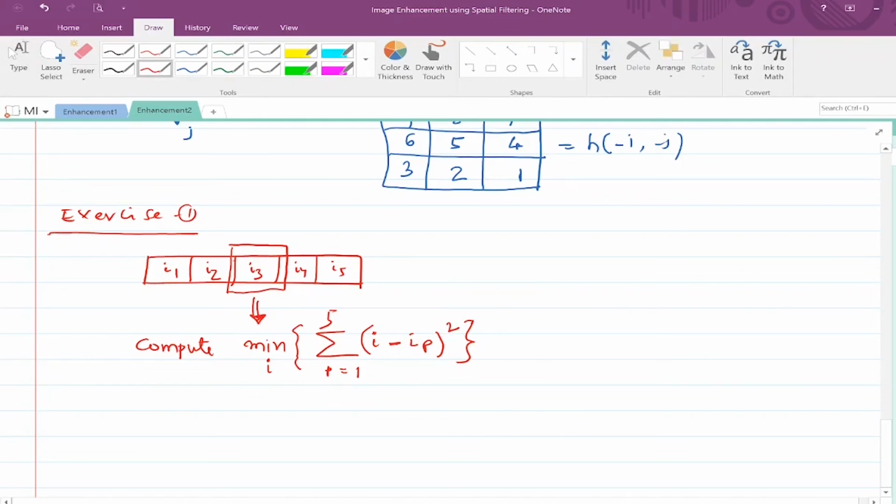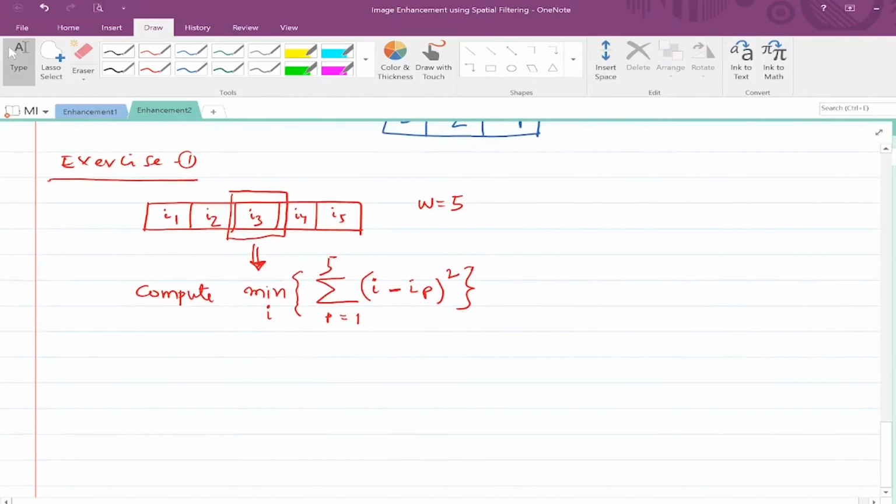So assume that here I am in fact considering a neighborhood of minus 2 neighbors on the left and 2 neighbors on the right. So this is essentially 5 window size W is 5, but again this is in 1D right now. So you compute that, and now you specify the corresponding kernel to do, let's say, correlation.